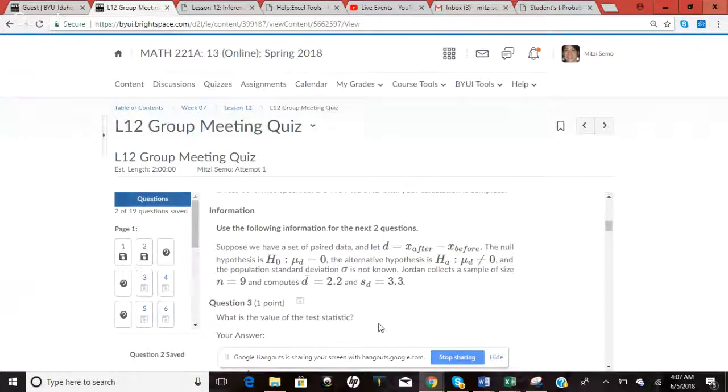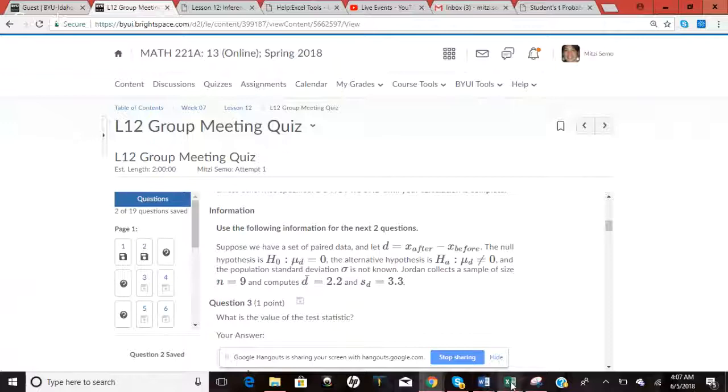We know the formula for the test statistic is t equals the sample mean minus the null, or population mean, over the standard deviation over the square root of n. All right, let's figure this out.